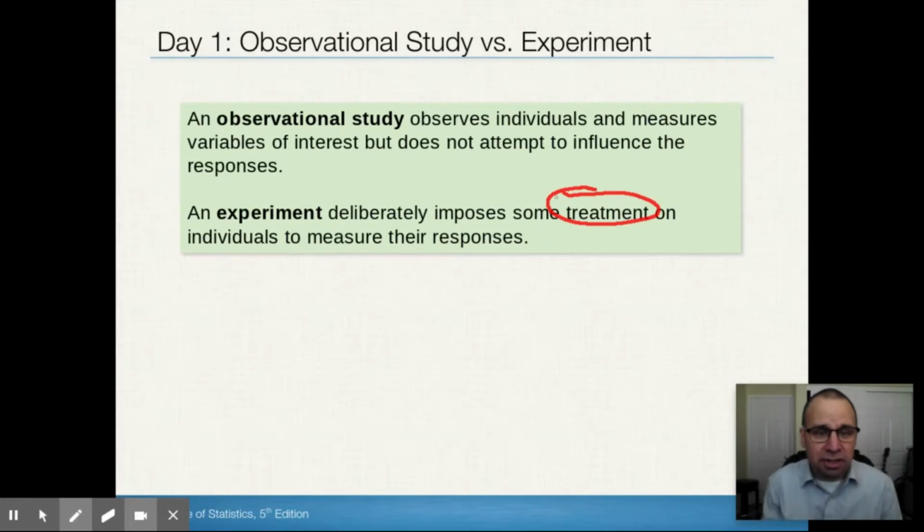You might measure a variable here and there, but it doesn't really impose a treatment. It doesn't control for any other variables. And that's just what it is. It's an observational study. Experiments will always have a treatment, and we'll talk more specifically how a random assignment of treatment really defines a well-designed experiment.